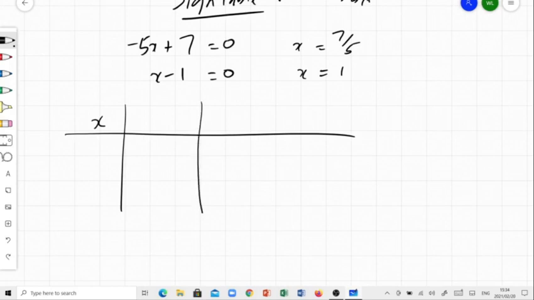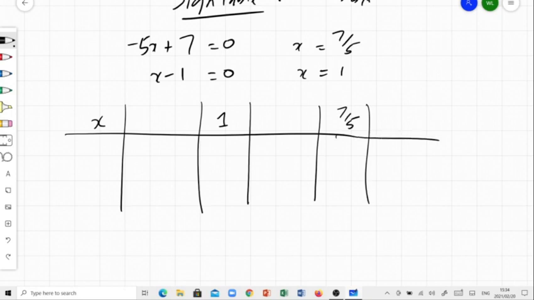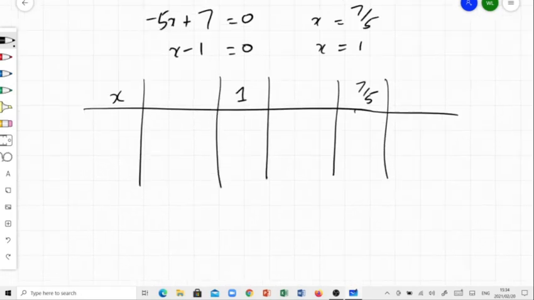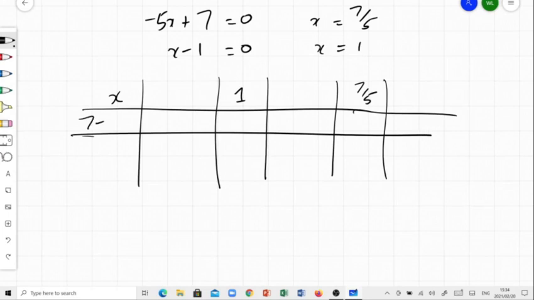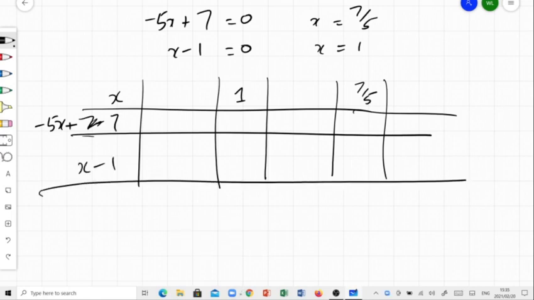This column is for all numbers to the left of 1, then this is for the case where x is exactly 1, and then this is for between 1 and 7 upon 5, and to the right of 7 upon 5. So this considers all the cases. Then I consider 7 minus 5x, or minus 5x plus 7, and x minus 1. Now I consider the numerator and the denominator simultaneously.